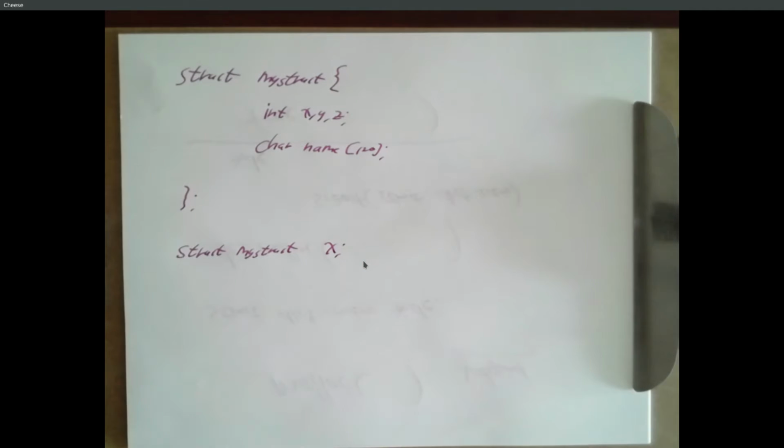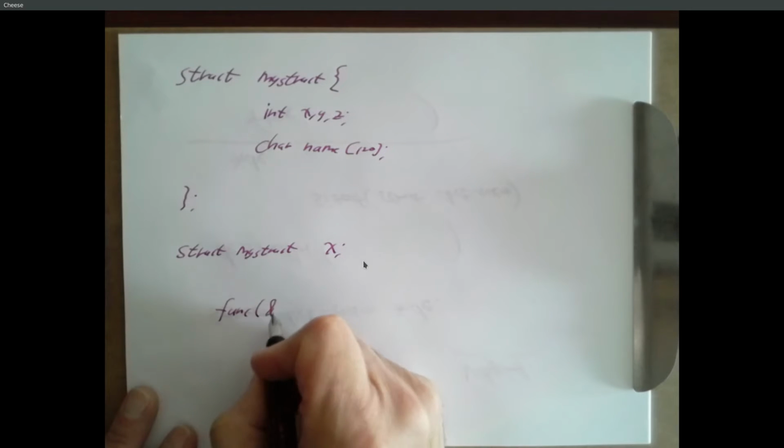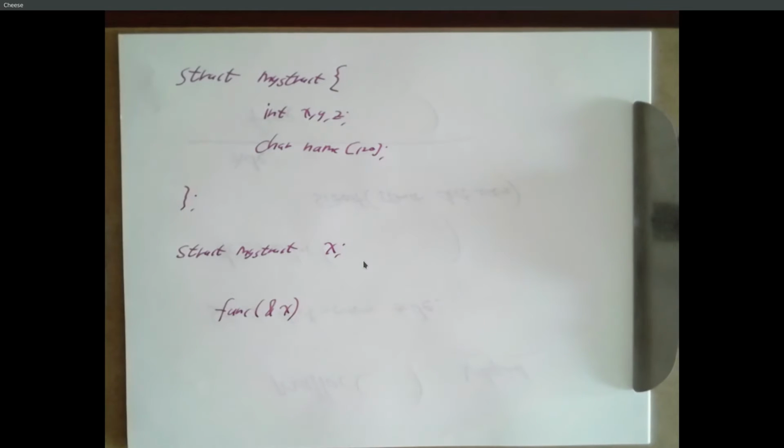And then we've got a variable, I'm just calling it x, which is a structure my struct. And if we want to pass this to a function in a way that the function can manipulate it, typically we would say function and we'd pass the address of that structure.